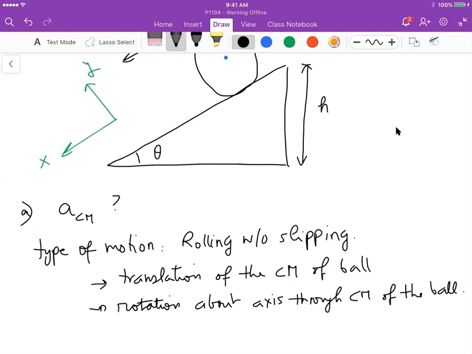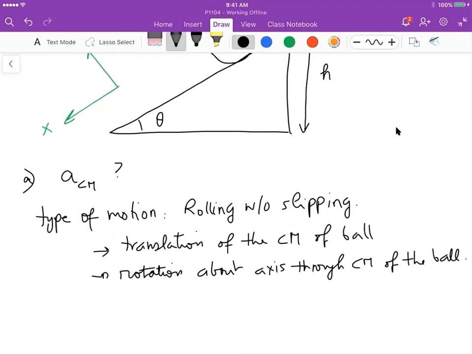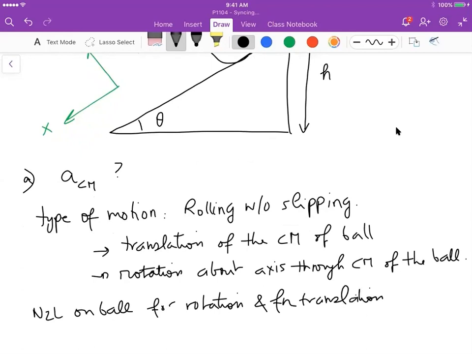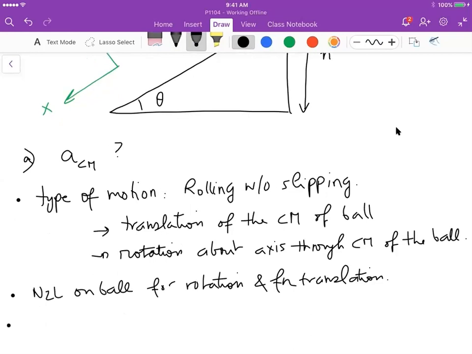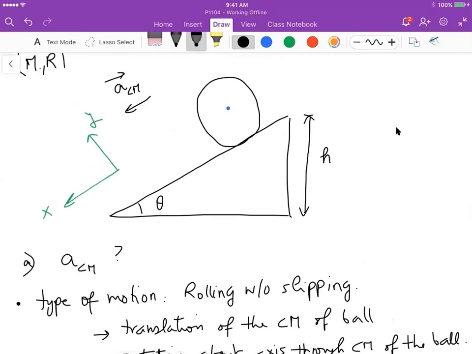So this is why we will have to apply Newton's second law on the ball for rotation and for translation. We will apply sum of F equals ma and sum of tau equals I alpha. To apply them, the first step we said, the second step we also determined, now the remaining step is to determine what types of forces act on this object.